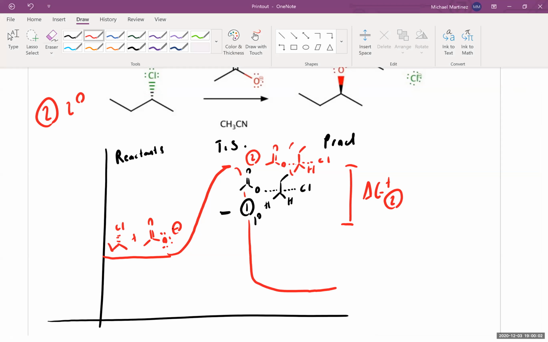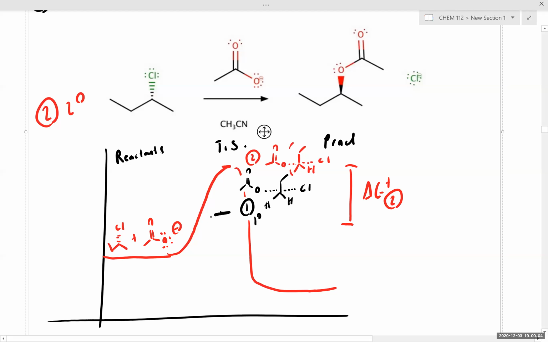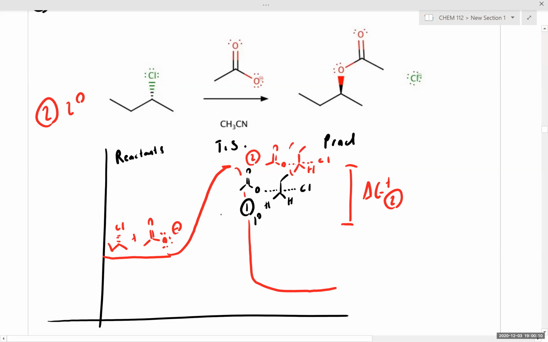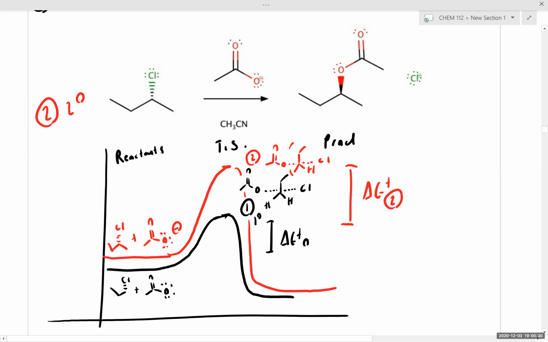For pathway 1, we see that the activation energy is lower.